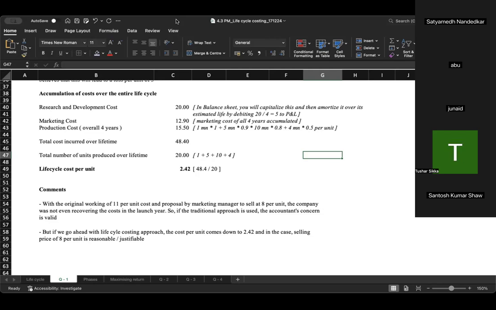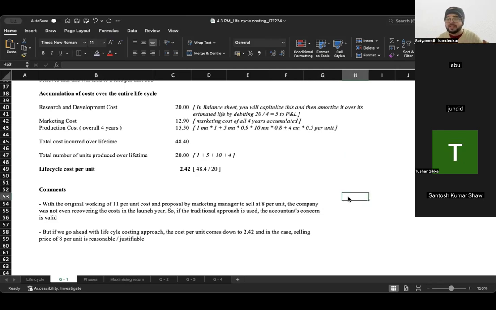And I come from a time where, unfortunately, I need to see cash profits also. I cannot just have accounting profits. So for someone like me, this might not be the most acceptable way of doing things, but this is a modern technique, so we are using it.